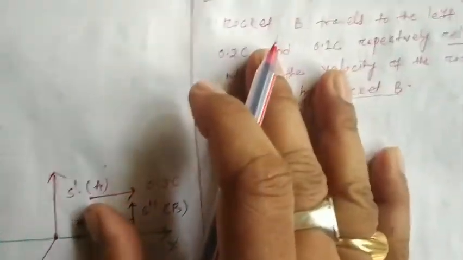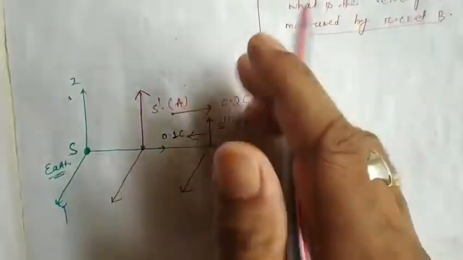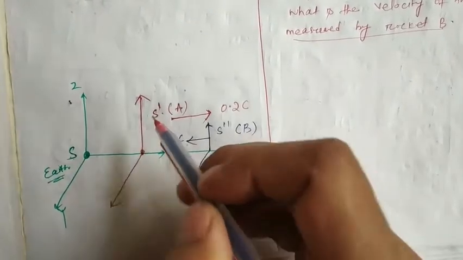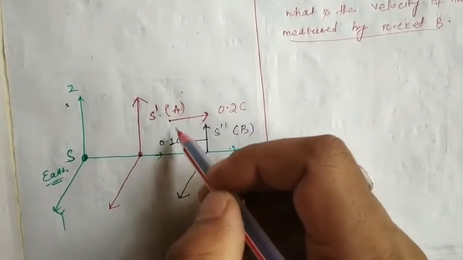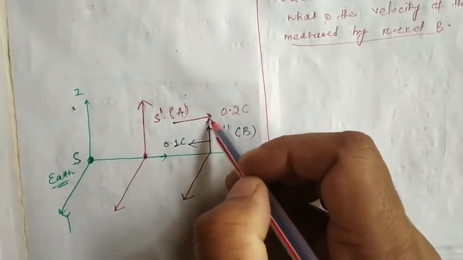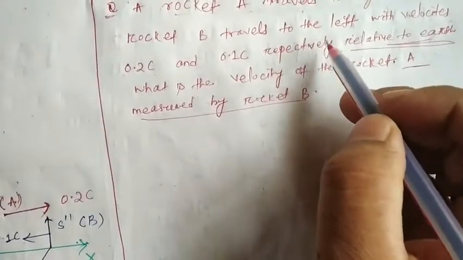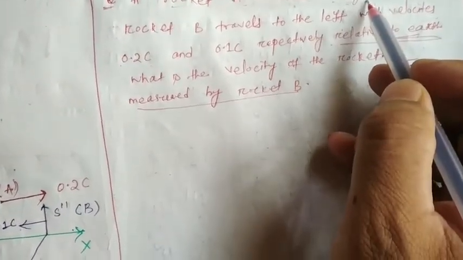One rocket or spaceship travels to the right. This S dash, suppose, is one frame of reference, or we can say rocket A, moving with velocity 0.2 c towards the right.